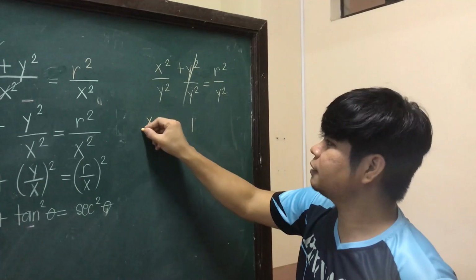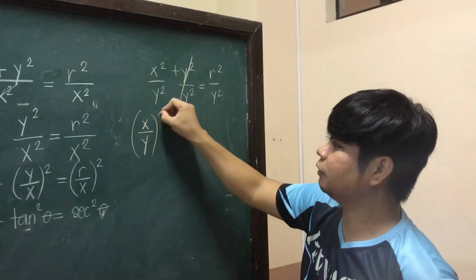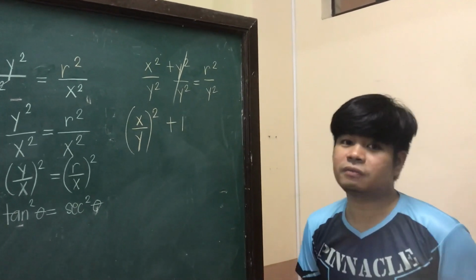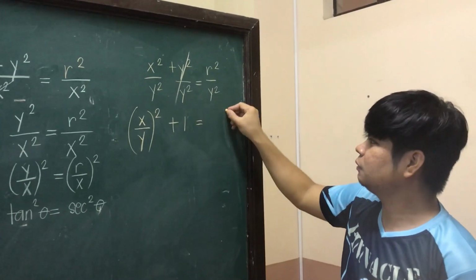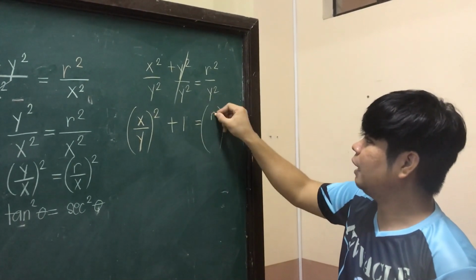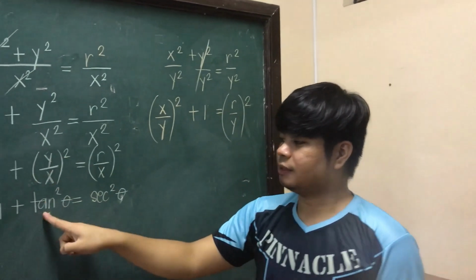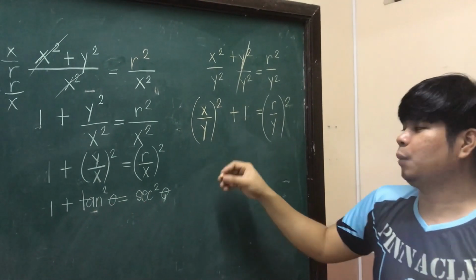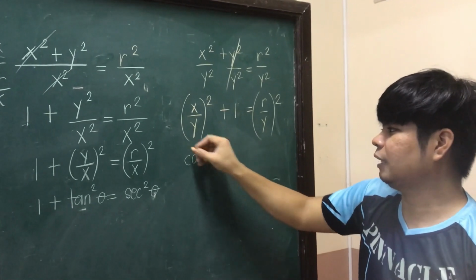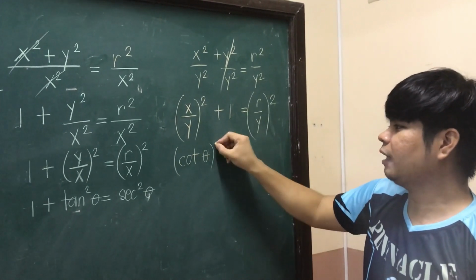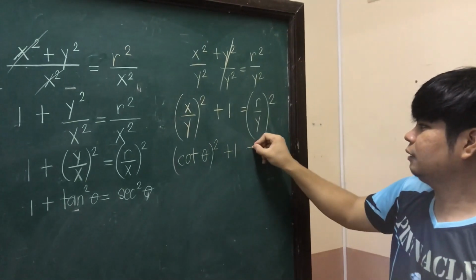So we have x over y. We immediately factor it out. So the square of x over y plus 1 is equal to the square of r over y. And if y over x is for tangent, this x over y is for cotangent. So we have cotangent of any angle theta plus 1.